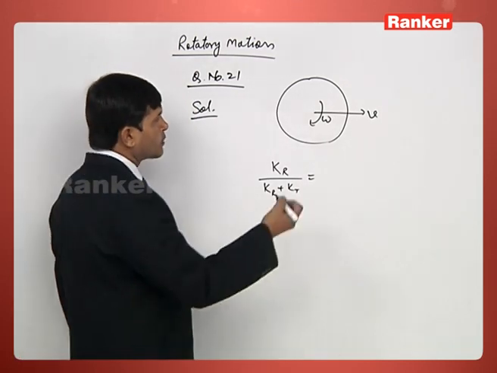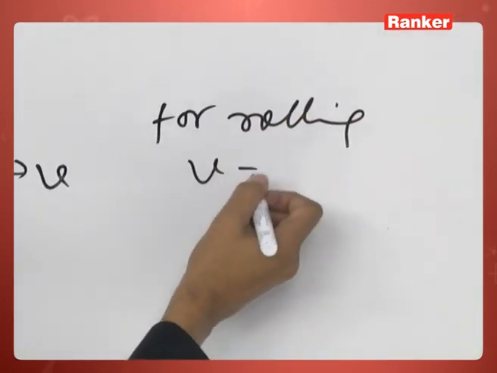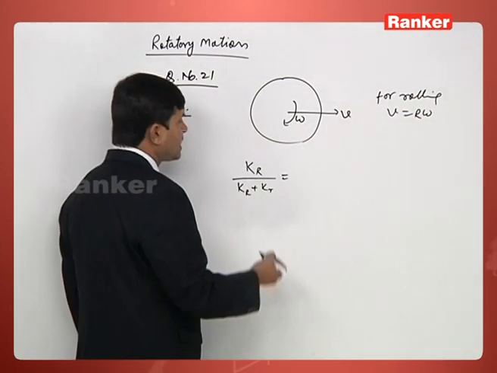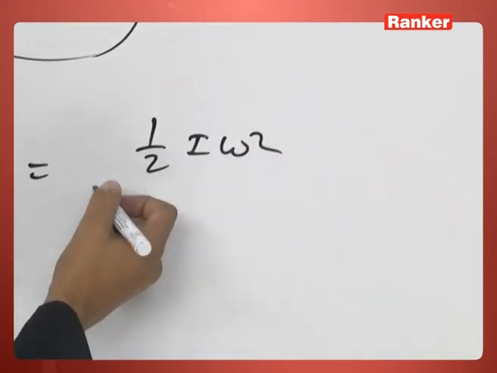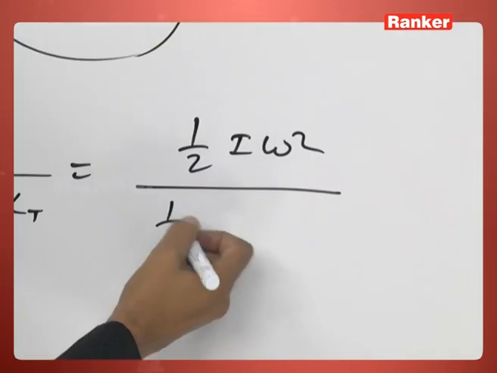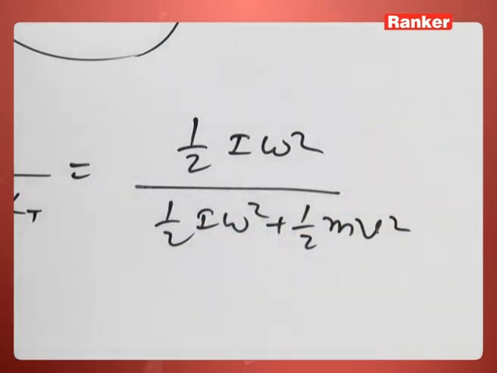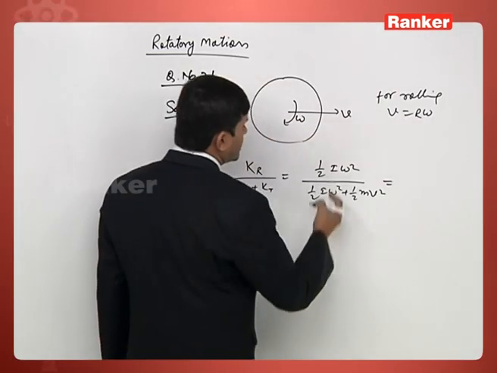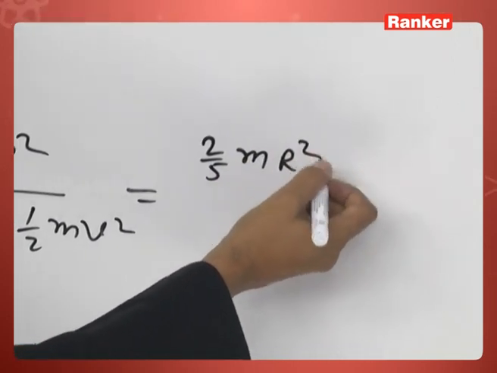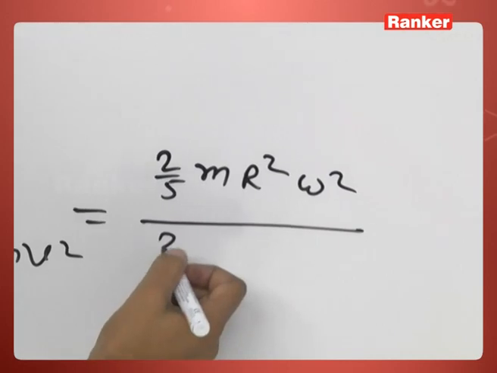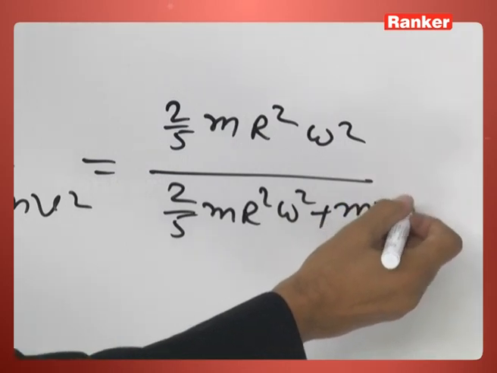In case of rolling, first of all, v is equal to R omega. So rotational kinetic energy is half I omega square, over half I omega square plus half mv square. Here I is 2 by 5 mr square, so 2 by 5 mr square omega square plus mv square.